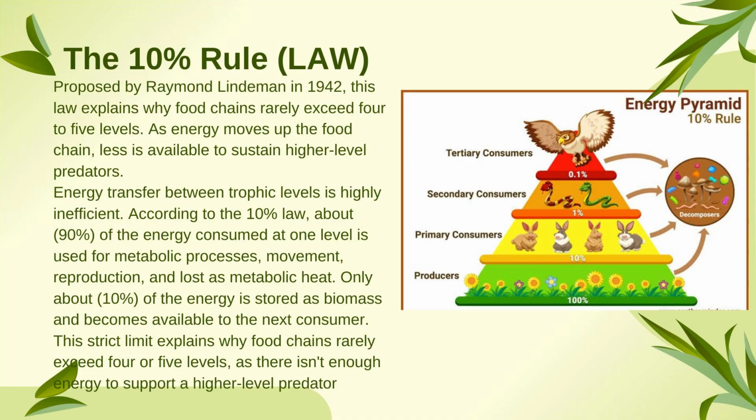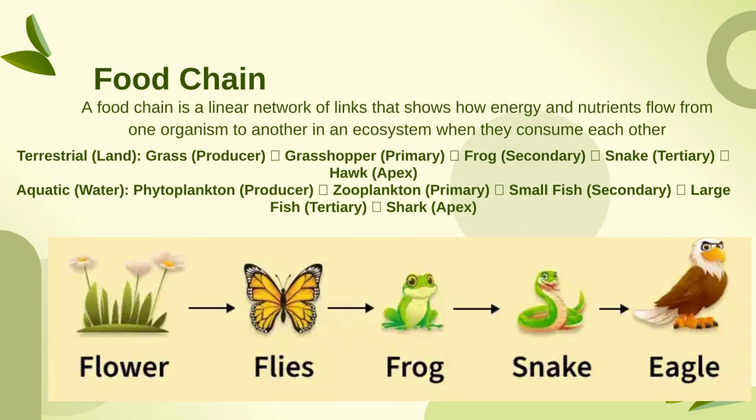Now let's see what is a food chain. A food chain is a linear network of links that shows how energy and nutrients flow from one organism to another in an ecosystem when they consume each other. So first is terrestrial, on land. So the grass is the producer.